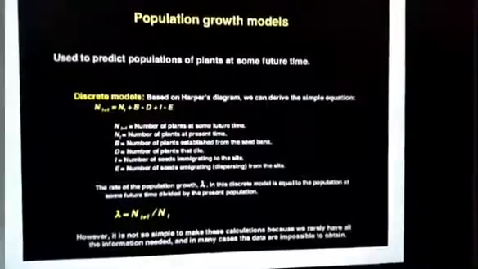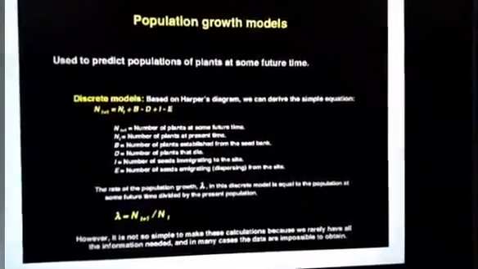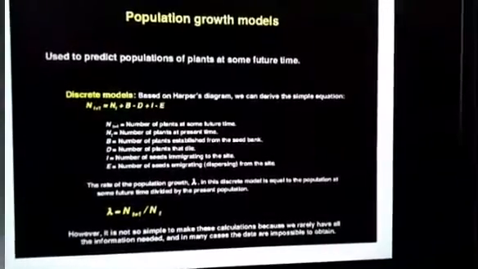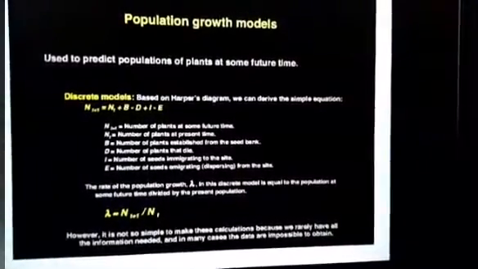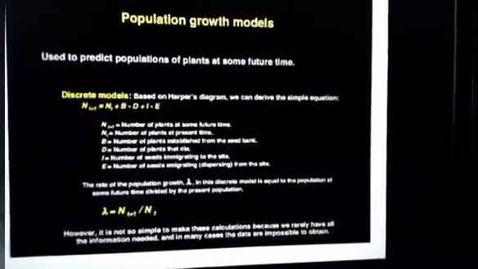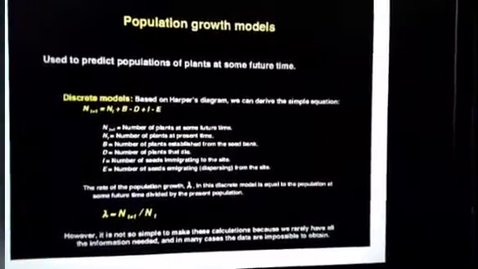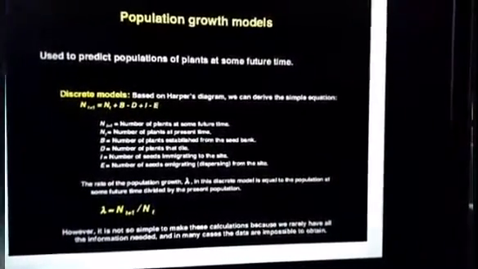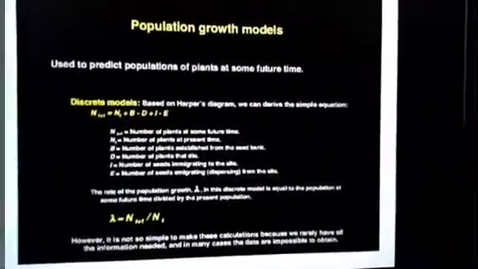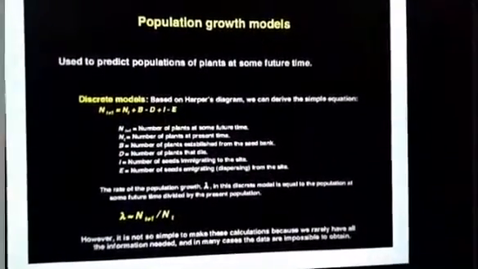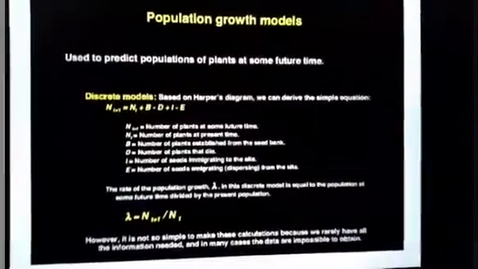Based on Harper's diagram, we can derive the simple equation N(t+1) = N(t) + B - D + I - E. N(t+1) is the number of plants at some future time, and N(t) is the number of plants at present.